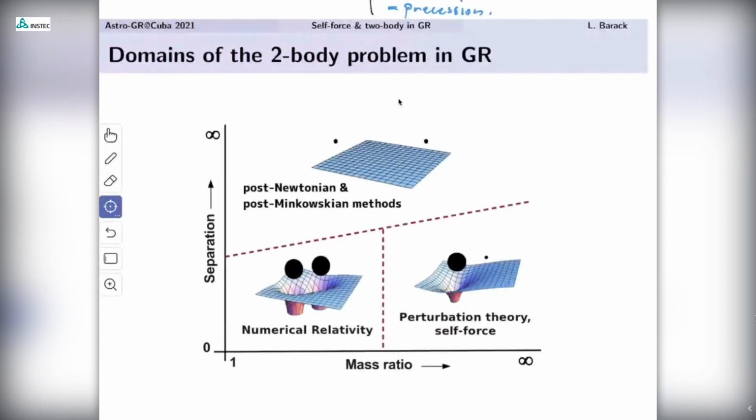Another part is that you need to resolve the small scales of the problem. And again, that's computationally very expensive. So numerical relativity really can't penetrate very much into this regime. We have accurate simulations going to 1 on 10 today. There's one illustration of 1 on 100, but a very short one. So it's not satisfactory at all.